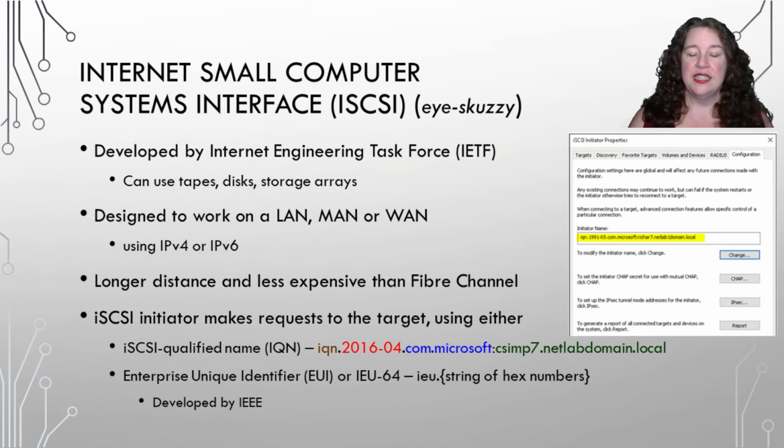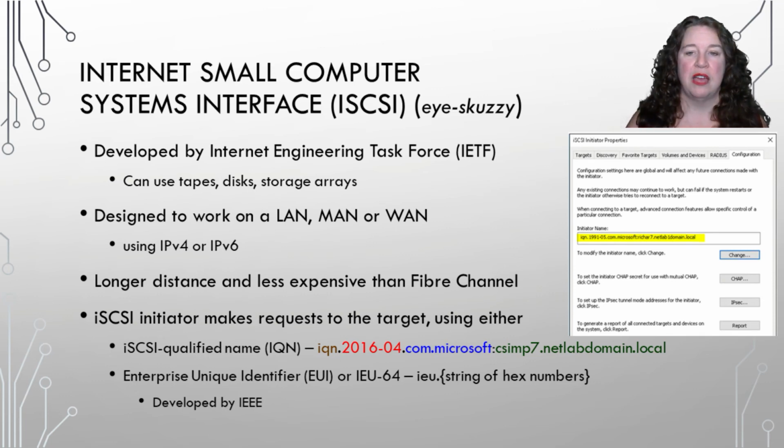So the iSCSI qualified name is a specific location for a specific iSCSI device that says, I am an IQN, an iSCSI qualified name, and then we usually give it the month and year that it was created, who the authority was that created it, and then some sort of a unique identifier for the name. Specifically, I put in C.